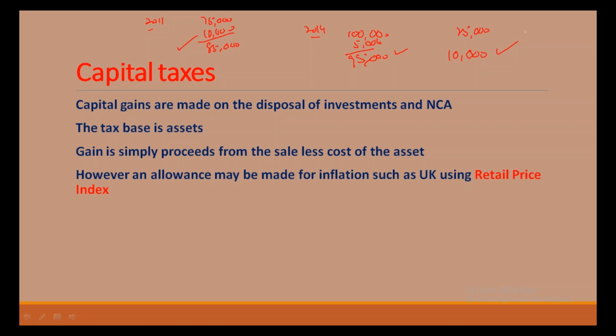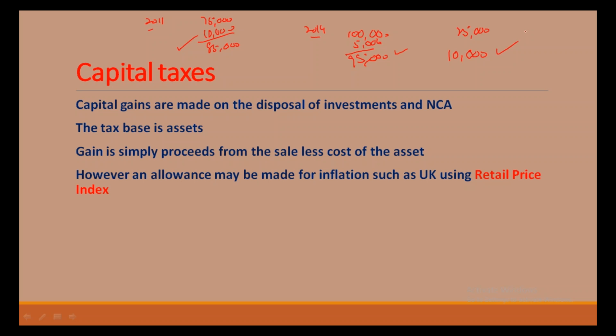So let's assume that you bought this for 75,000. But 75,000 in 2011 will not be the same as in 2014. Why? There is inflation. Isn't it? Right?